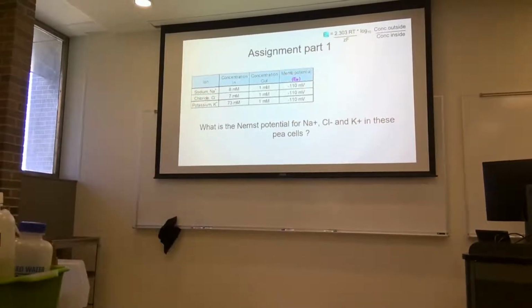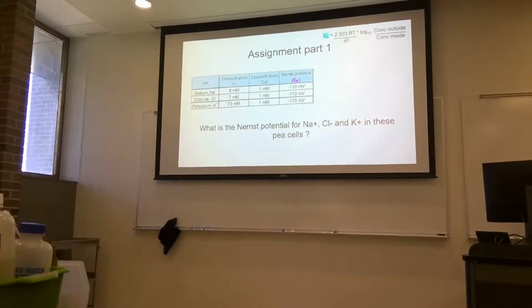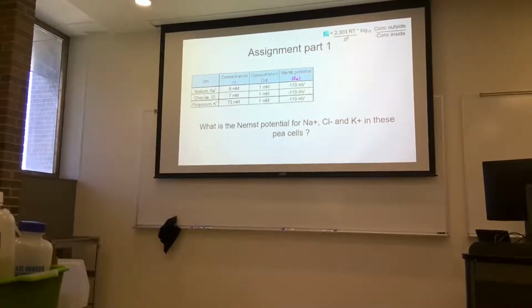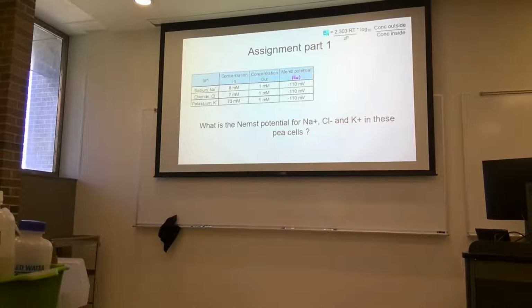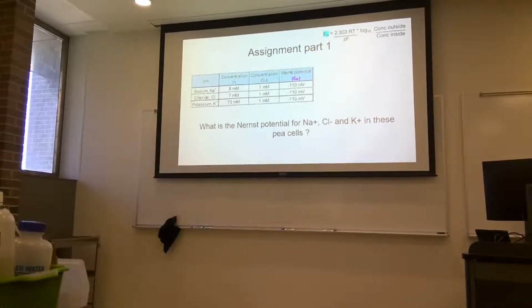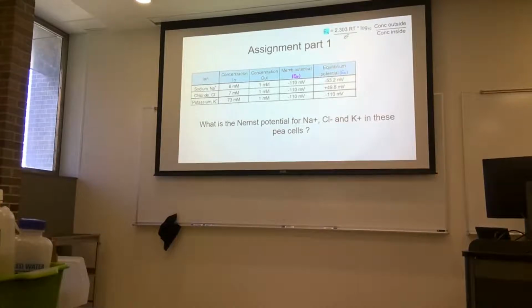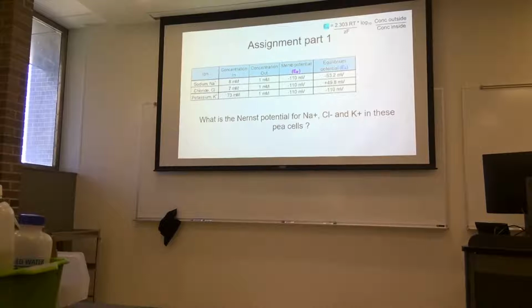Sodium is negative 53.4, chloride is like 49, 50, and then potassium is negative 110. Yes. So the equilibrium potential gives you something similar to that, right?